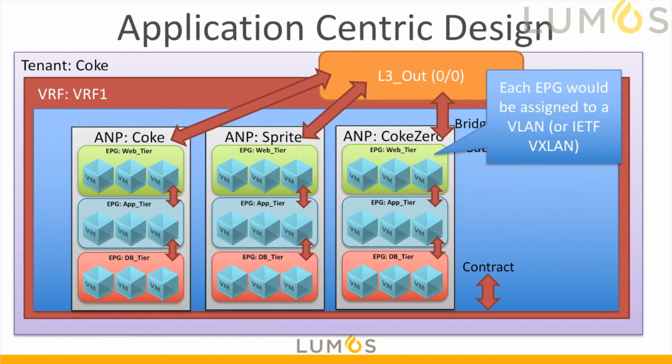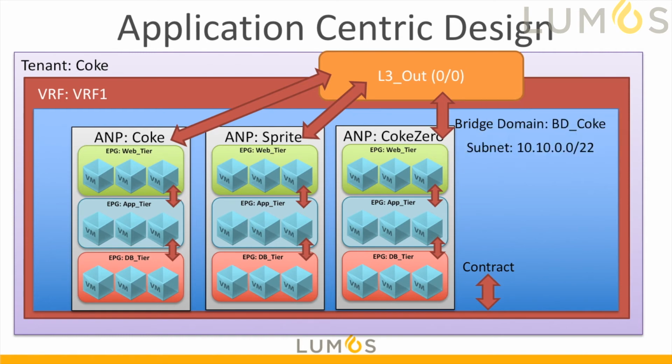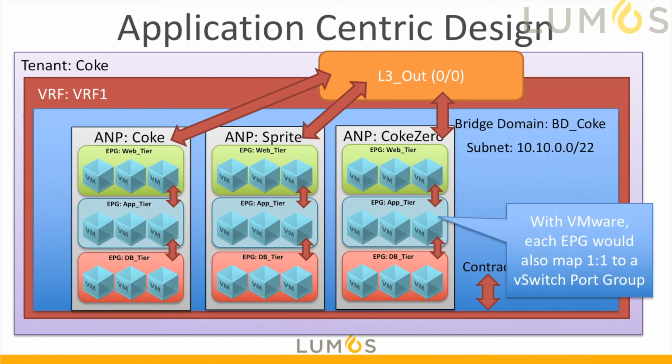When we create these EPGs, we're going to assign a VLAN tag or IETF VXLAN or even an NVGRE number to each of these endpoint groups. That in turn, if we're doing VMM integration, is also going to translate into a one-to-one mapping down on the vSwitch port group.